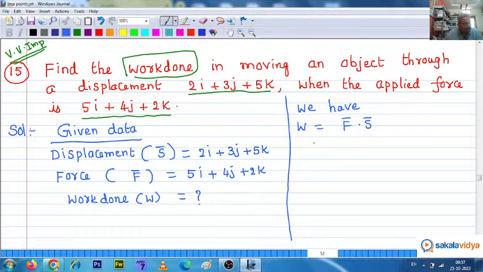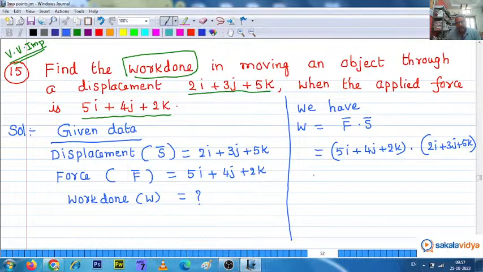F dot S is equal to F, which is 5i plus 4j plus 2k, dot product with 2i plus 3j plus 5k.